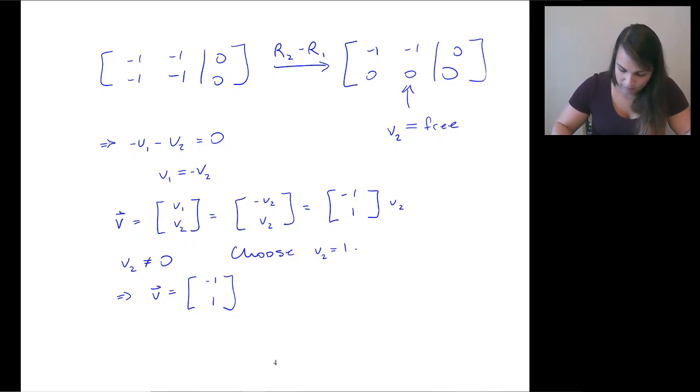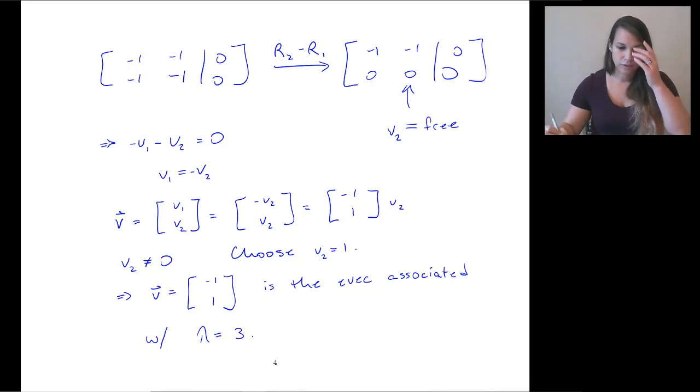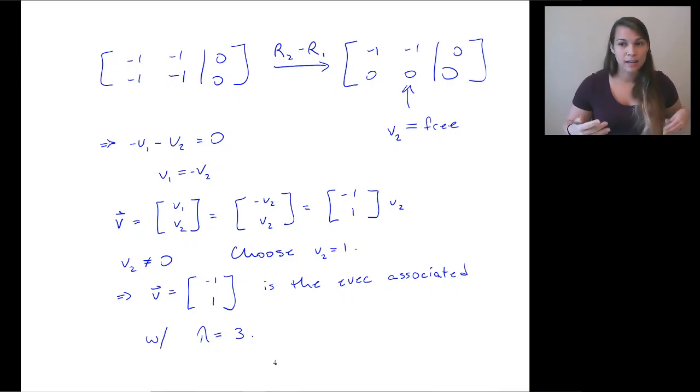So then our eigenvector is going to be -1, 1. So that is the eigenvector associated with lambda equals 3. So yes, lambda 3 ended up being an eigenvalue because we could find an eigenvector to go with it. So that's cool. Now we can find eigenvectors.